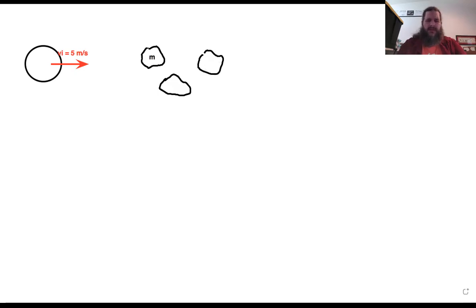So mass m, mass 2m, and mass 5m. So it explodes into these 3 pieces, and those 3 pieces end up scattering in different directions. Let's say the 5m piece comes to a complete stop.